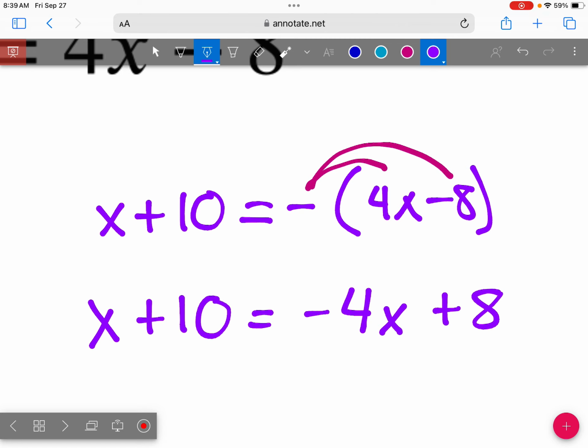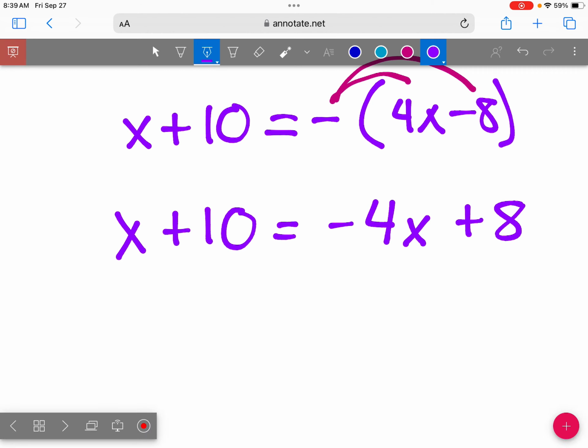Now I have lots of options for where to go. What is your instinct on what to do next? What should we do next here? There are about 4 options that I could see somebody thinking.